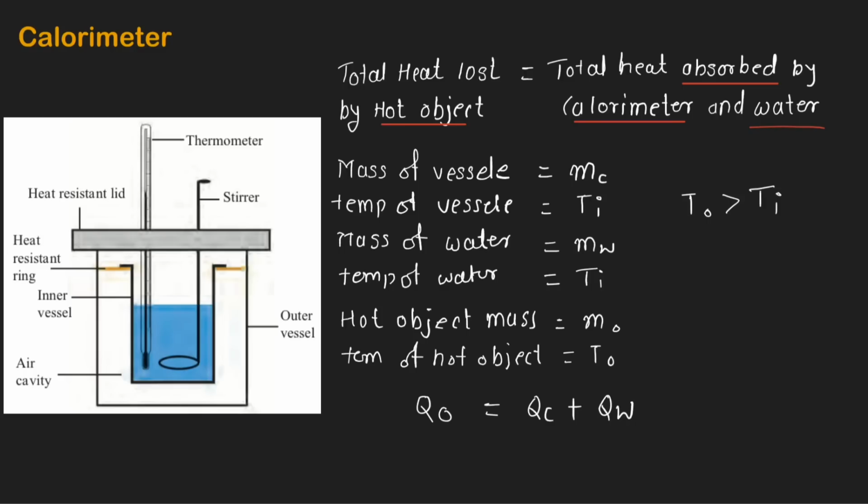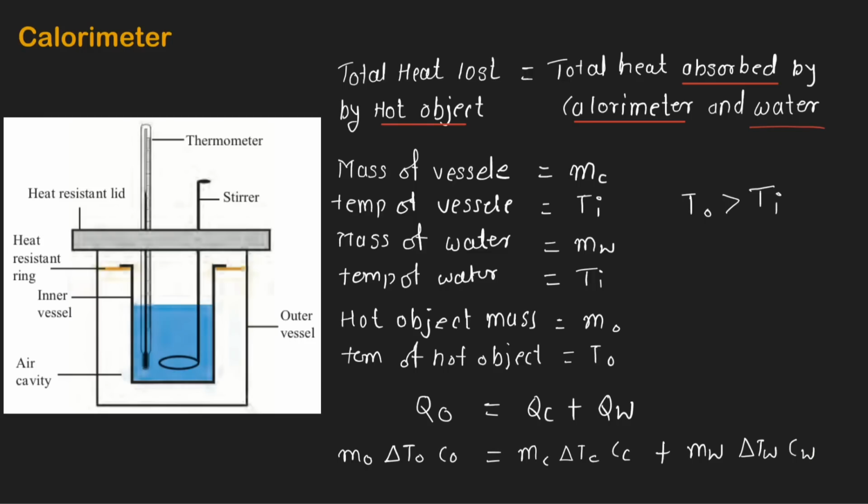Now according to the specific heat, for Q naught we can write m naught delta T naught into C naught, specific heat we call C. For the calorimeter, mass m suffix c, delta Tc, C suffix c, plus water: mass of water, change in temperature of water, and specific heat of water.